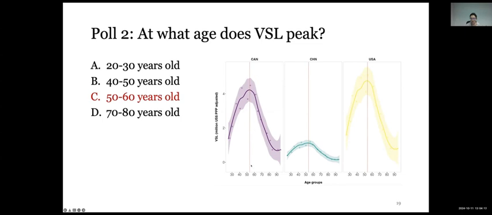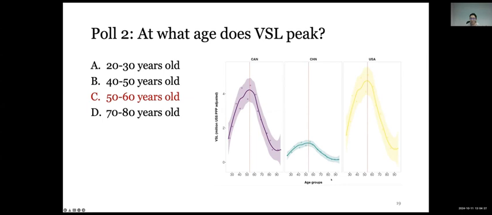If you look at Canada, it's around 54 to 55 years old that the value of social life peaks, and China is similar, and the US is a little higher, but not much, around 55 years old.